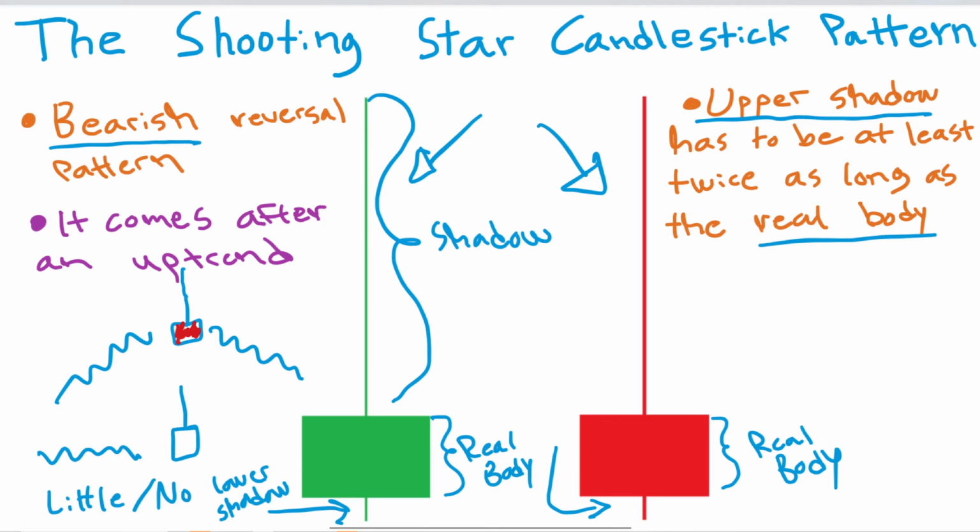But the bears during the day managed to push the price down and close down here. But in the red one, the same thing applies. During the day, the bulls push the price up here. But in this case, the bears managed to push the price all the way down here and managed to close right here, which is below the open price. The open is right here.